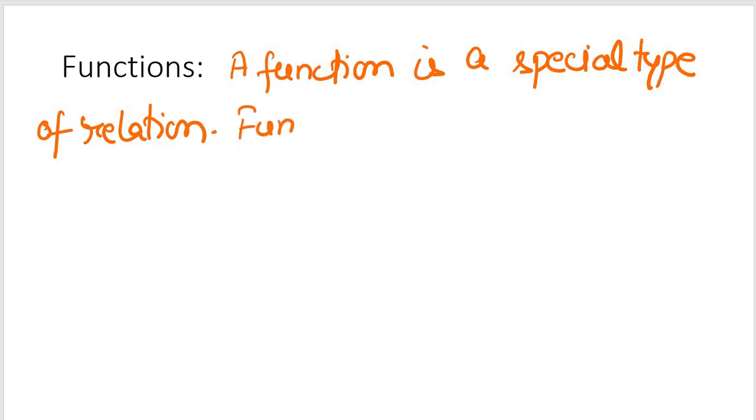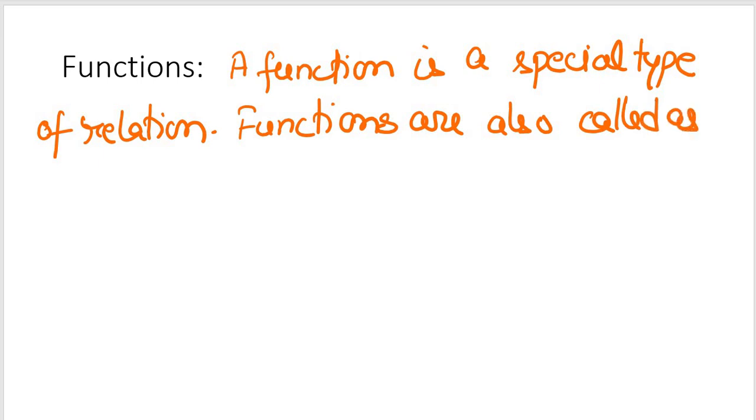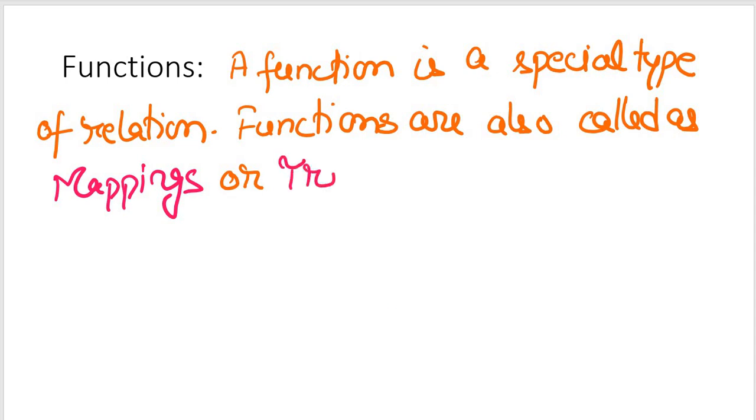And your functions are also called mappings. And even these functions are called transformations.